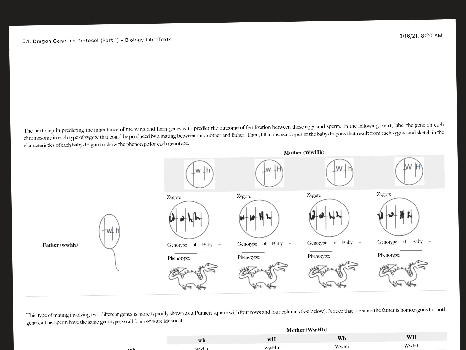Correct? Yes. And so the genotype here would be big W, little h, little w, big H, big W, little h, and little w, or big W, big H, little h.